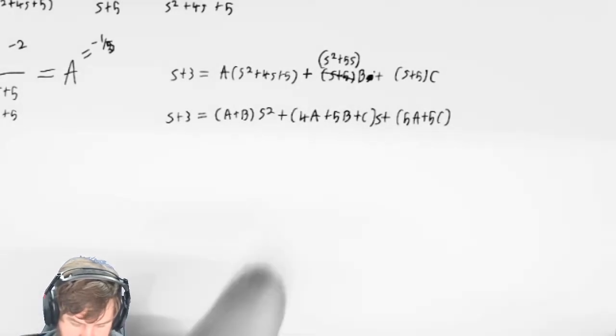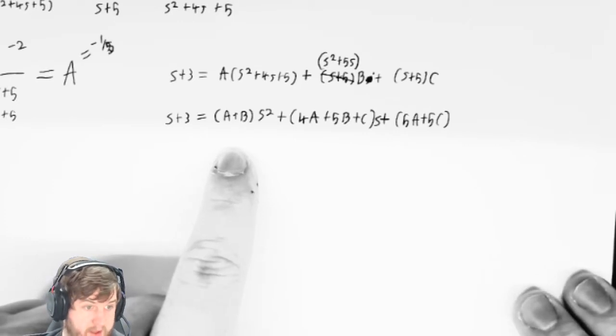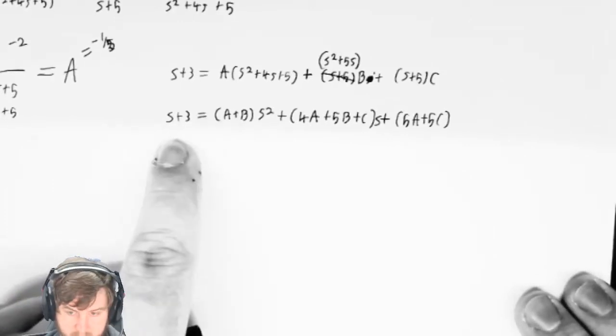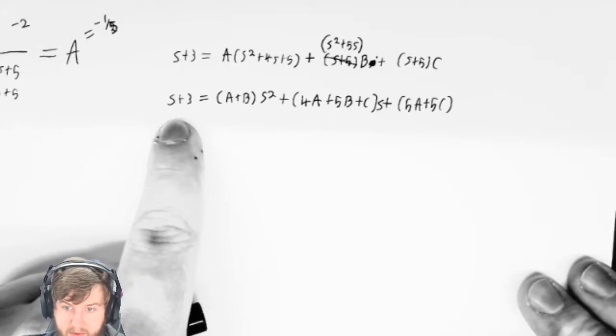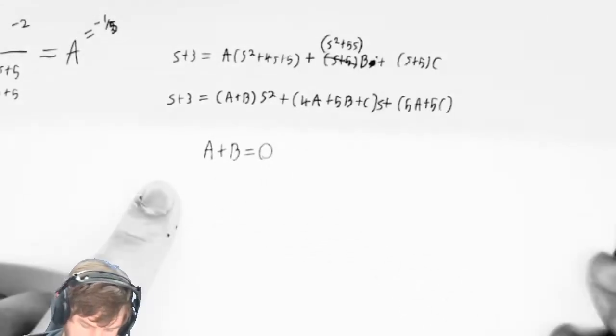So we can set up these relationships. There's no s squared term on the left side of our equation, so that means A + B is equal to 0.